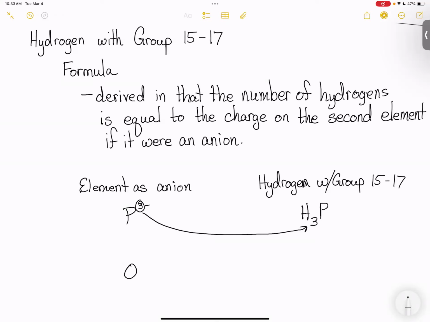If I say oxygen, which is O2 minus, then the formula is H2O. Any questions?